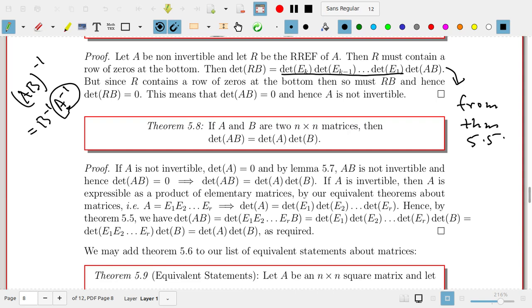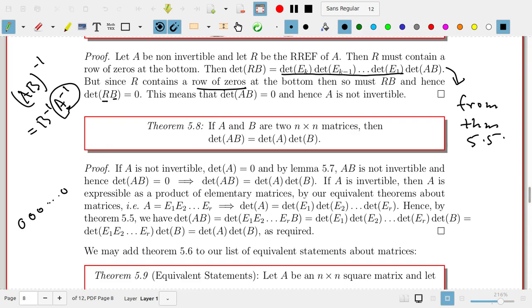Okay, but since R has a row of zeros at the bottom, so must RB. If this is your R and it has a row of zeros at the bottom, then any R times any matrix B must also have a row of zeros at the bottom, because the nth row of R multiplied by the columns of B is going to give you the nth row of RB.